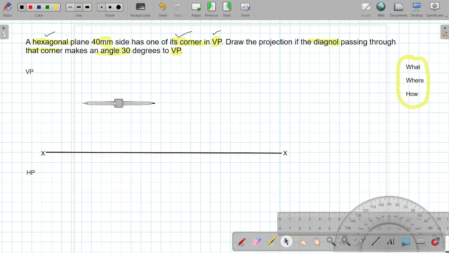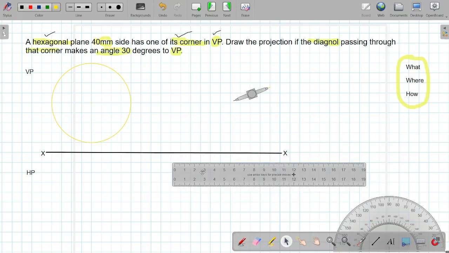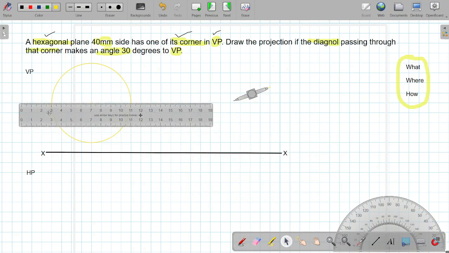Okay, now starting with the construction part. So first we have to draw a circle of radius 40, that is equal to the side of the hexagon. As we need one of the corner in VP, the corner should come on the right hand side. So we will construct the diameter from this particular end and not the vertical diameter.